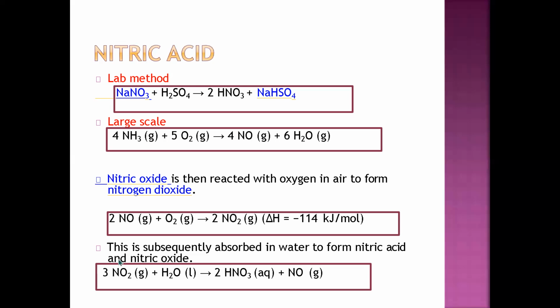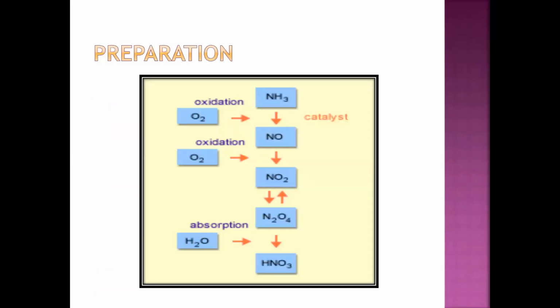So scientists use the same type of process to produce nitric acid commercially on a large scale. Let us talk about the preparation in detail, with the help of a flow chart. When ammonia, NH3, reacts with oxygen in the presence of a catalyst, nitrogen monoxide forms.